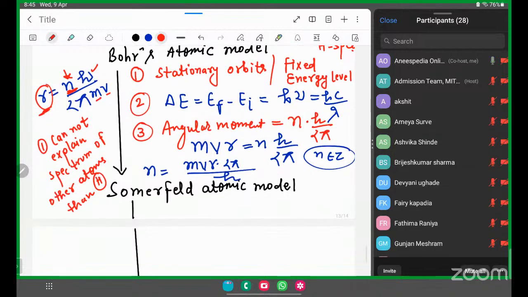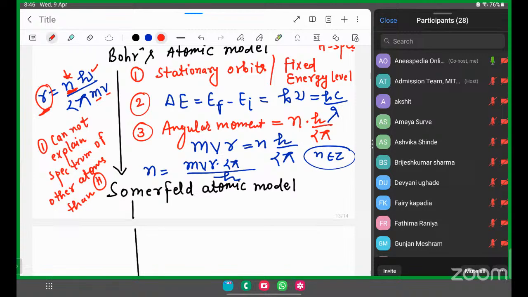So it can explain only and only the hydrogen atom. It cannot explain the spectrum of any other atom. Or it can explain only the spectrum of those atoms or ions which are the same as hydrogen, or which have the same electronic structure as hydrogen.